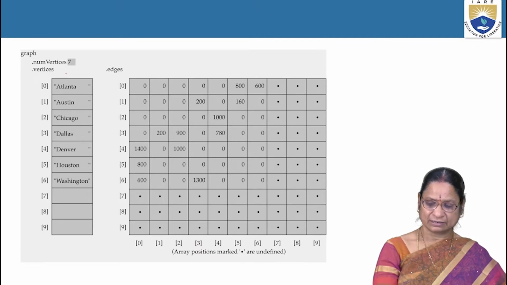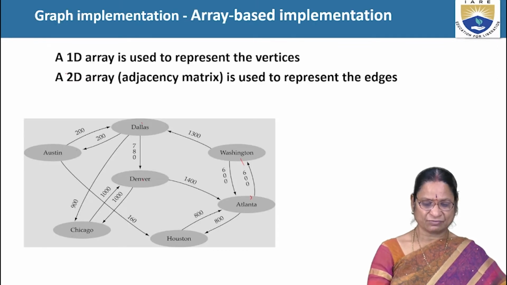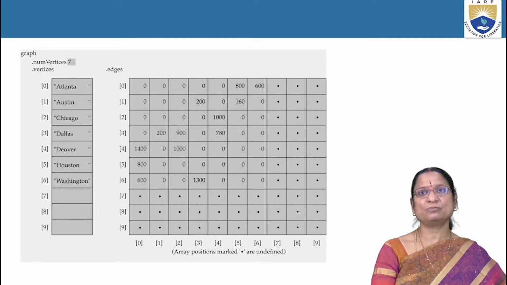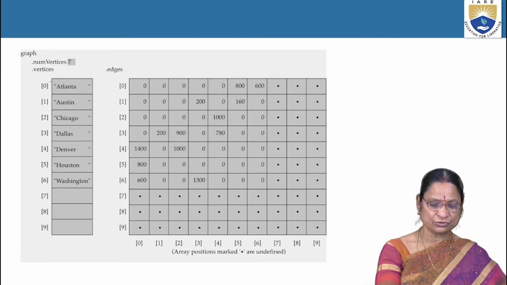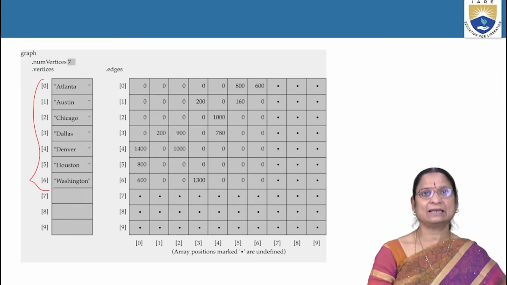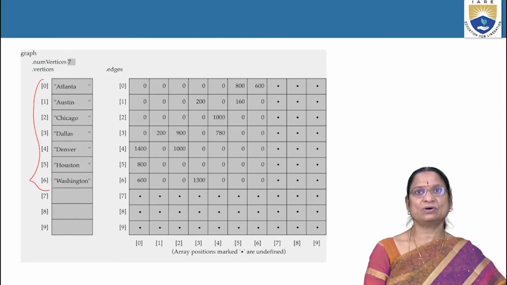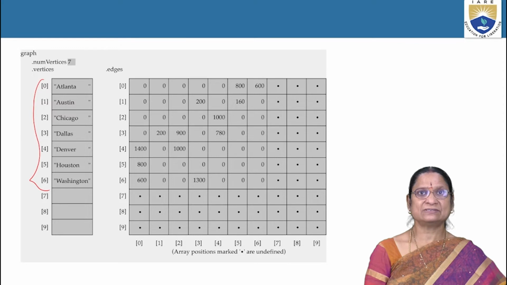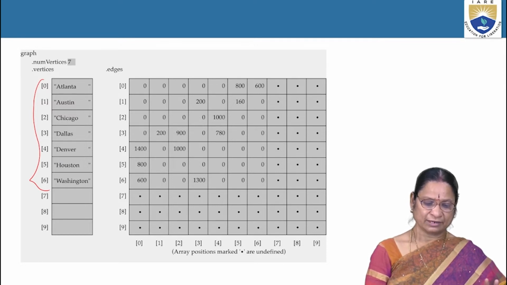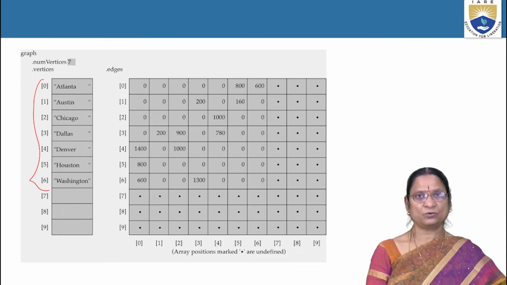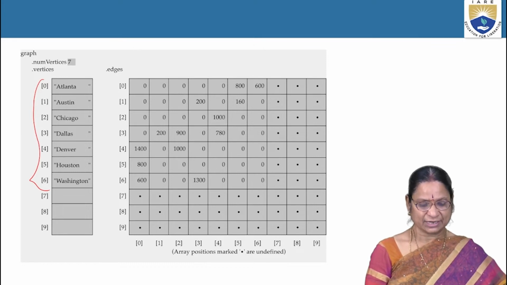Starting from 0, as in most programming languages indices start from 0, so 0 to 6. These are the single-dimensional array which represents our vertices. So vertices of 0, vertices of 1 represents Austin, vertex of 0 Atlanta, and 2 Chicago, 3 Dallas, 4 Denver, and 5 Houston, and 6 Washington.